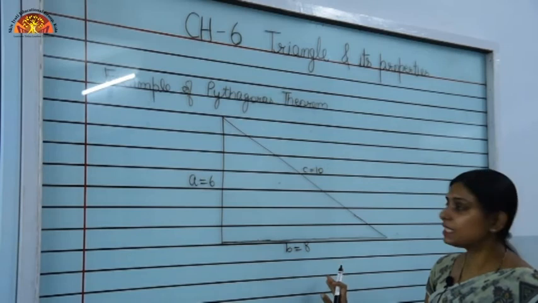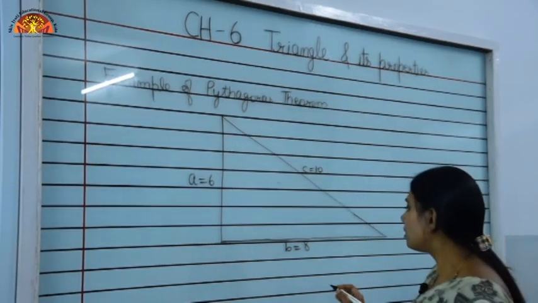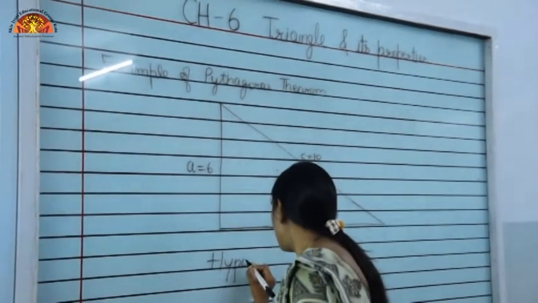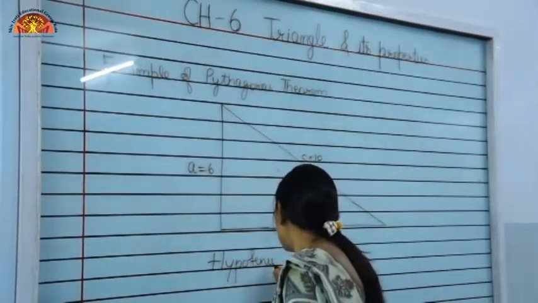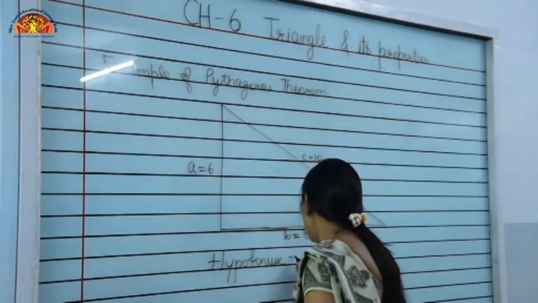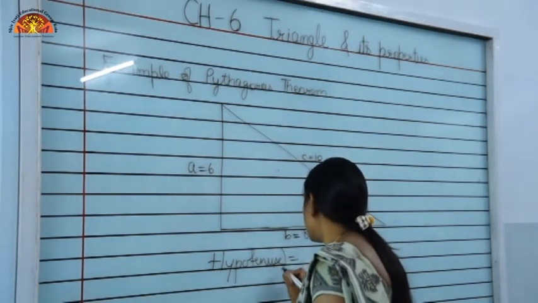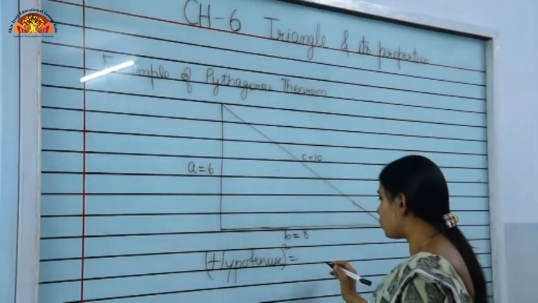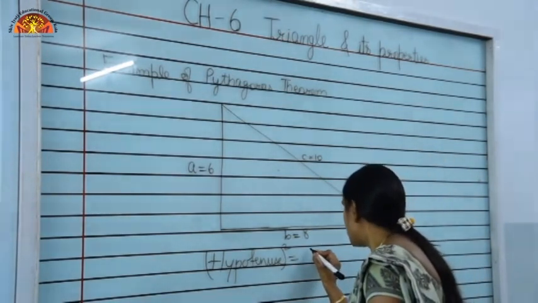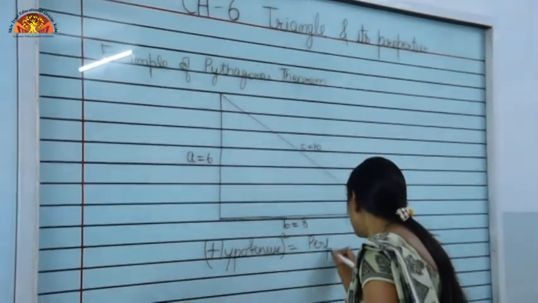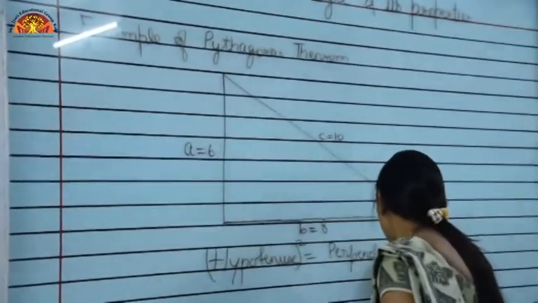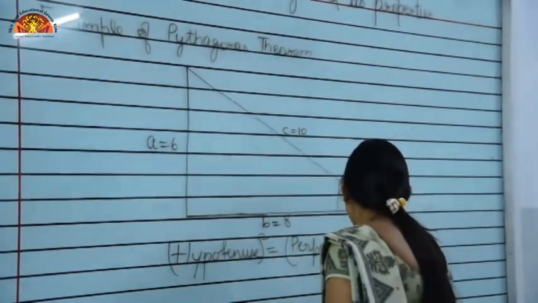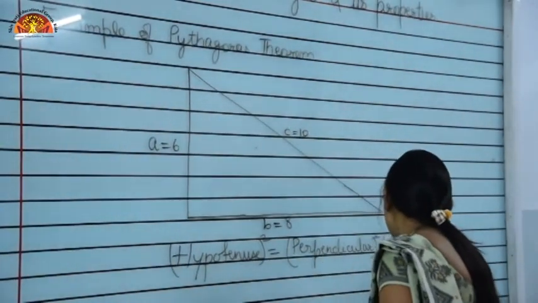So as per the statement of the Pythagoras theorem, the square of the hypotenuse is equal to the sum of the squares of its other sides, that is the perpendicular square plus the square of the base.